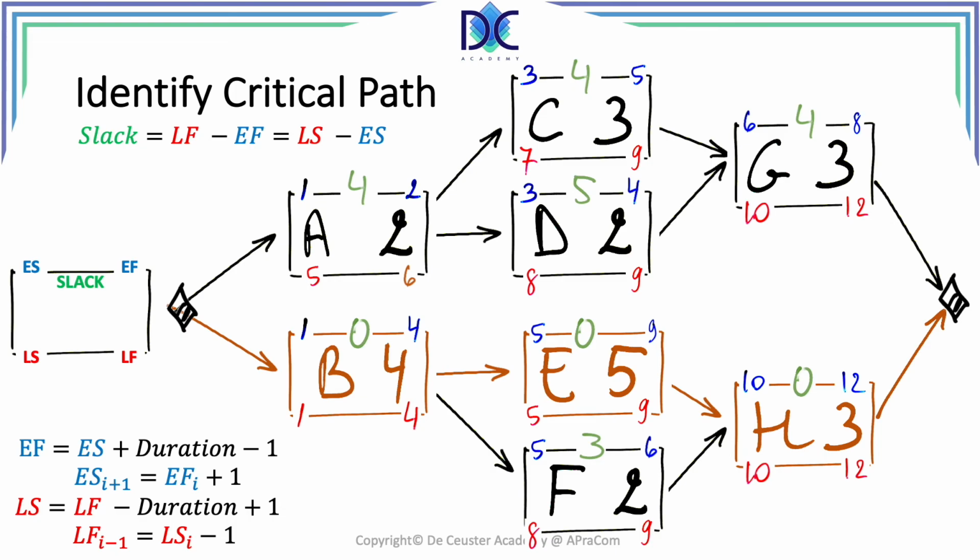Well, it is not, because the critical path is the longest path through the network, and the path BEH is 12, while other paths are shorter. In this particular case, the critical path also has slack equal to 0, but in some special cases this may not be true. Be aware when you select a critical path, and always consider the definition as mentioned before.